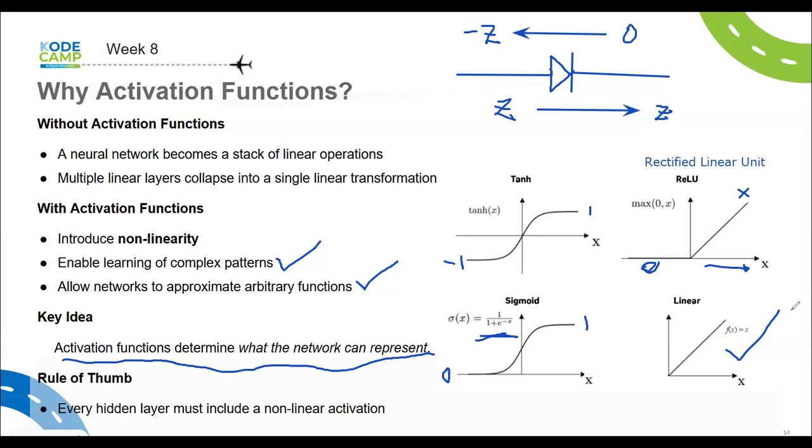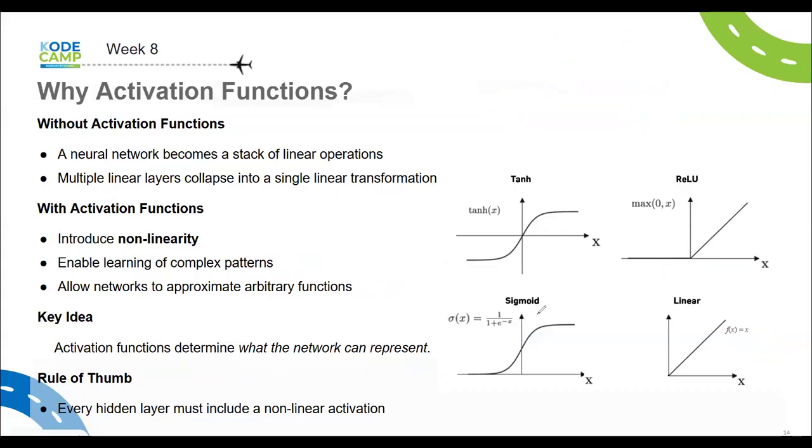And then of course the linear, which is called linear, not non-linear, but it's still an activation function and it's useful in some cases. There are far more activation functions than this, but these are typically the first few ones that you encounter, and historically the ones that have been used a lot in the past.